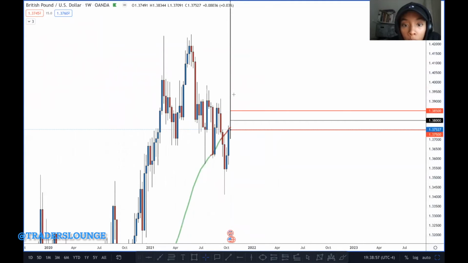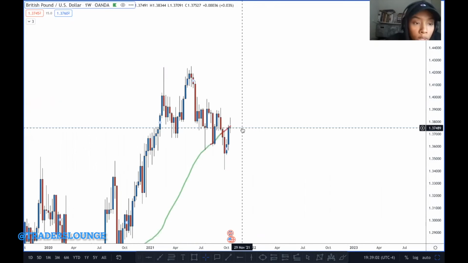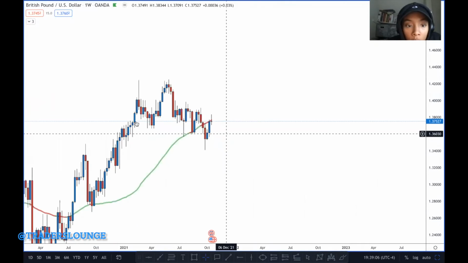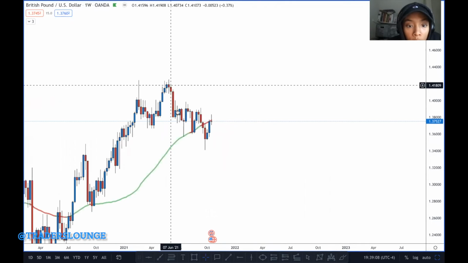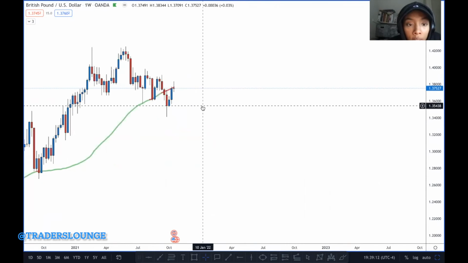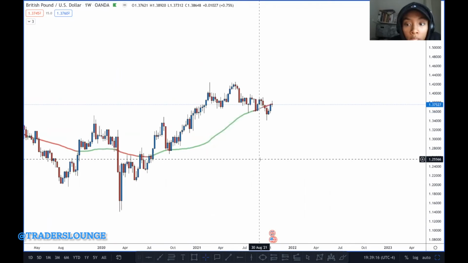So I got my quarter points on here. Here we go. You start over again because it's a new week, weekly chart. This head and shoulders pattern is coming down now. So we're underneath the 50 on the weekly.